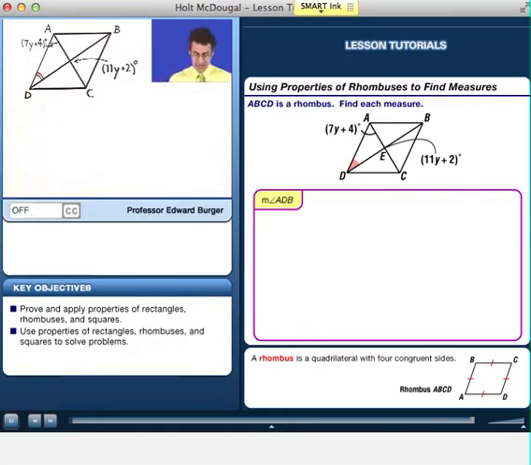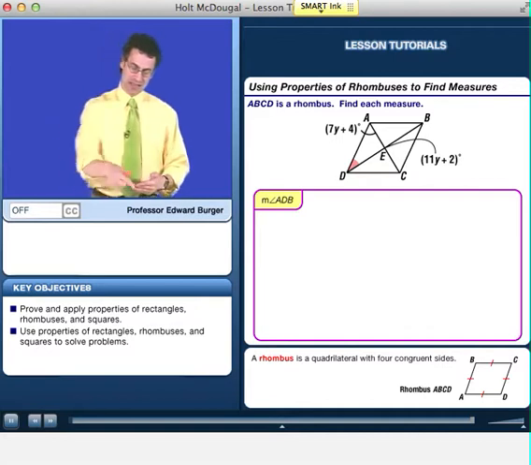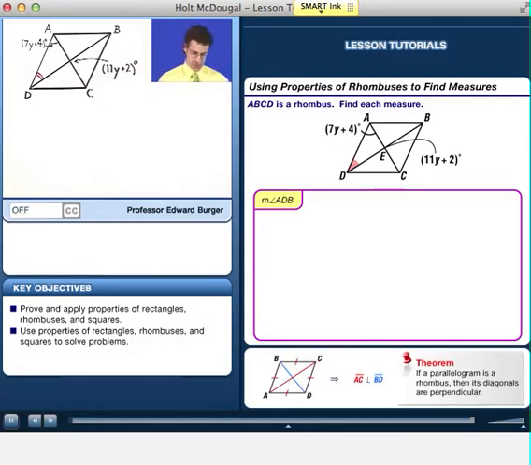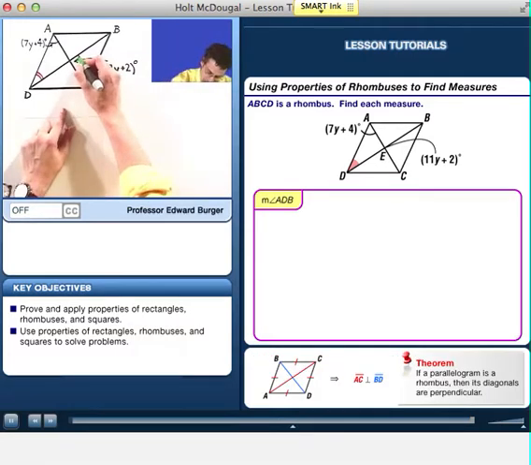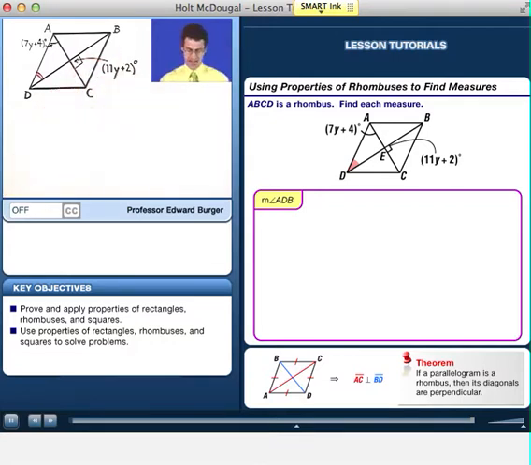Well, it looks like we don't have enough information, but this is where we get to use a really cool fact about a rhombus, which is that the diagonals meet and form angles of 90 degrees. So this angle right here is a right angle. That's 90 degrees.